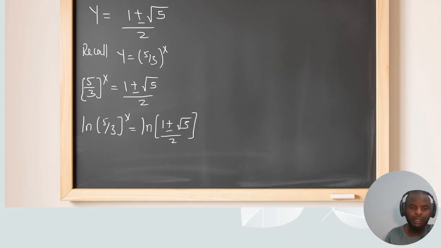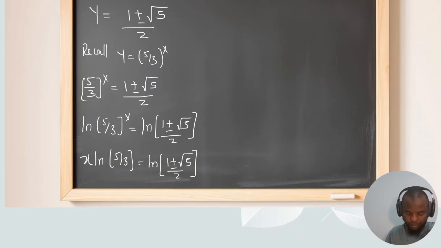Now, from the natural log, you can move the x to the front. So here I can have x ln 5 over 3 equals ln of 1 plus or minus the square root of 5 over 2.